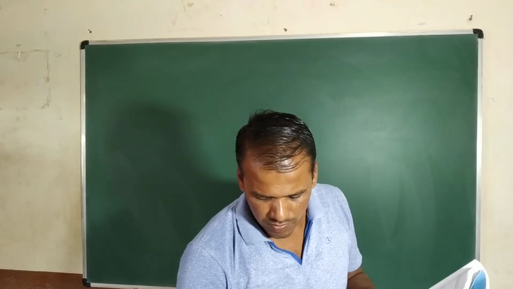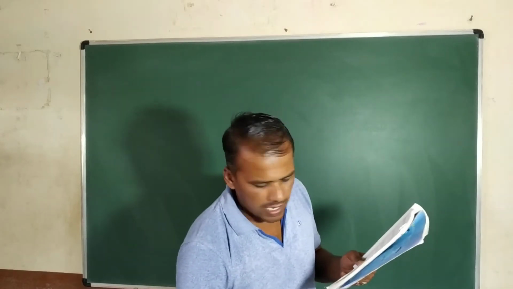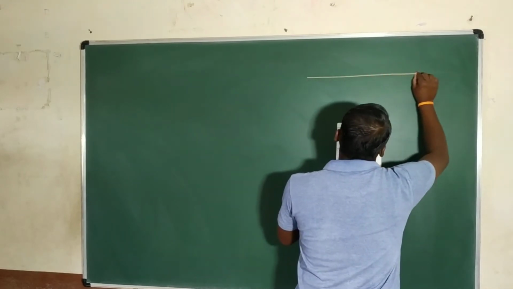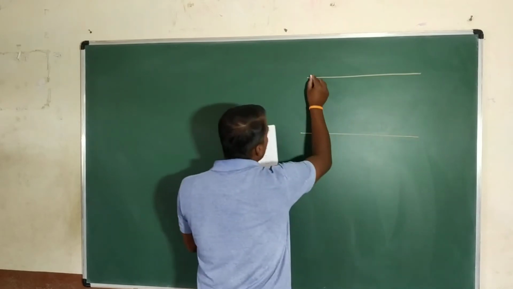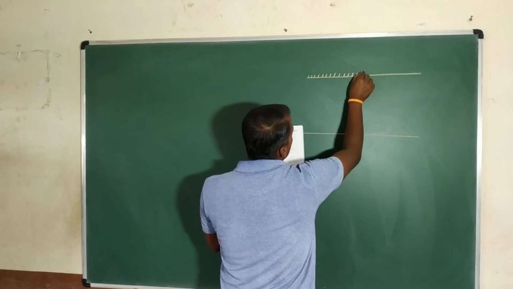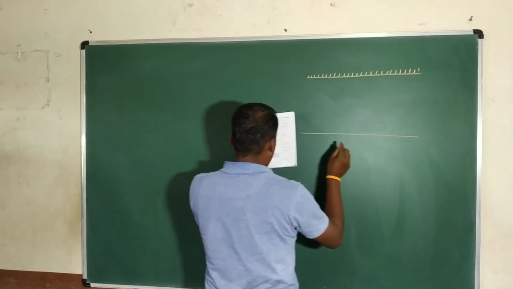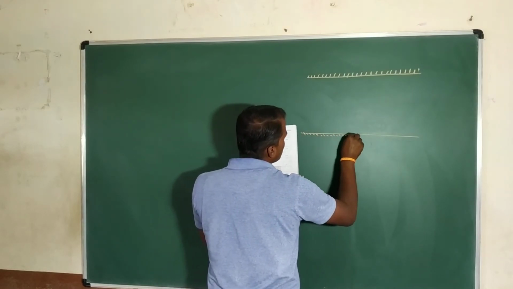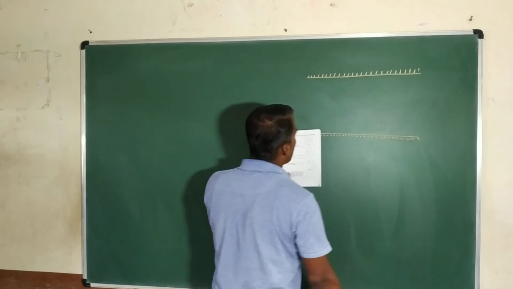First you draw the diagram. After drawing the diagram, it is easy to understand the concept. Here this is a plane surface, and this is also a plane surface. This is a mirror, and this is also a mirror.